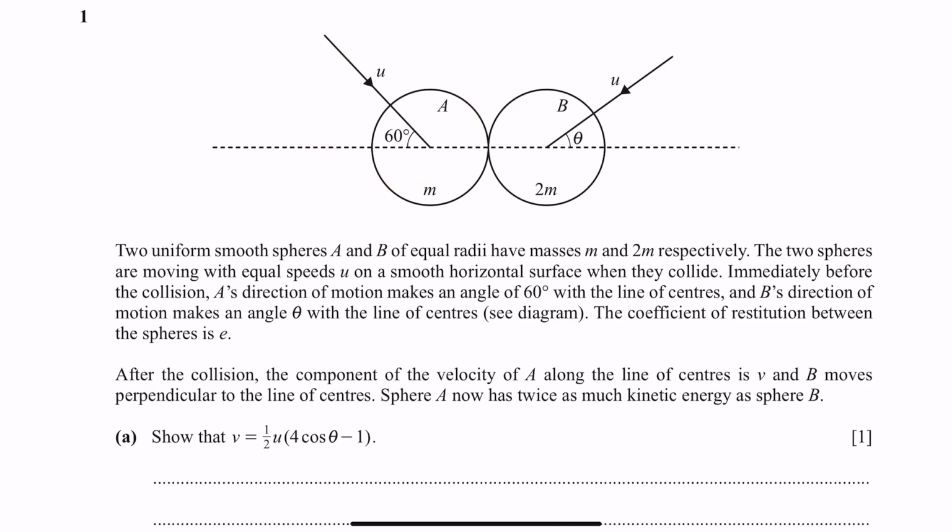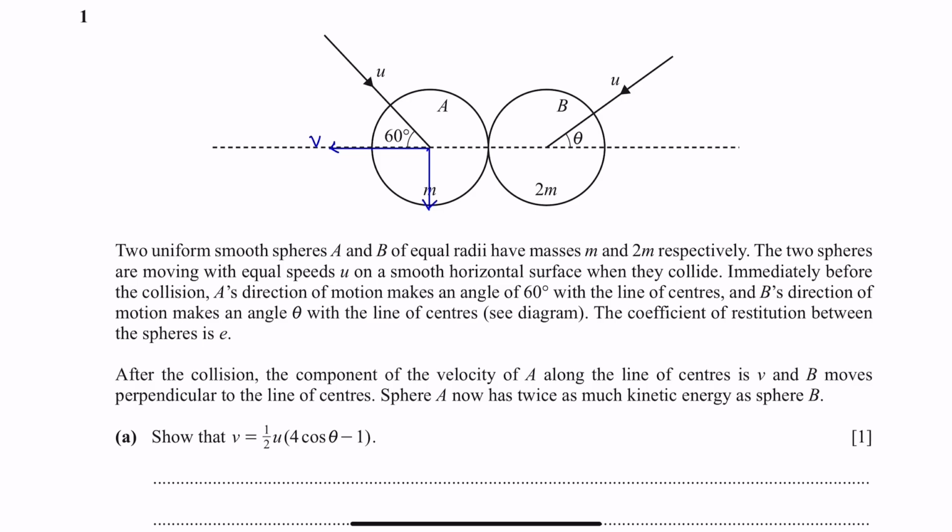So after the collision, the horizontal component of A would be towards the left instead of towards the right. So we know that this would be v. And obviously there's a vertical component. We don't know what it is yet.